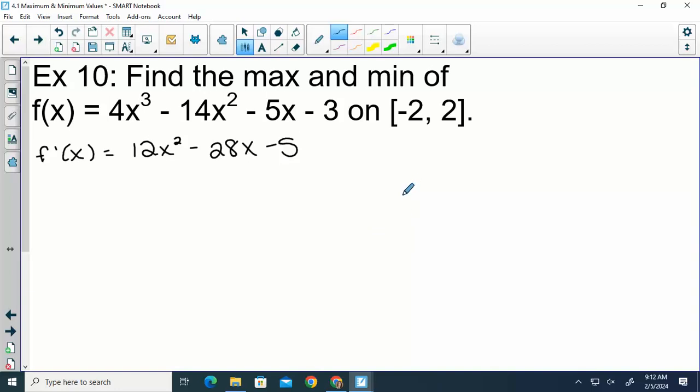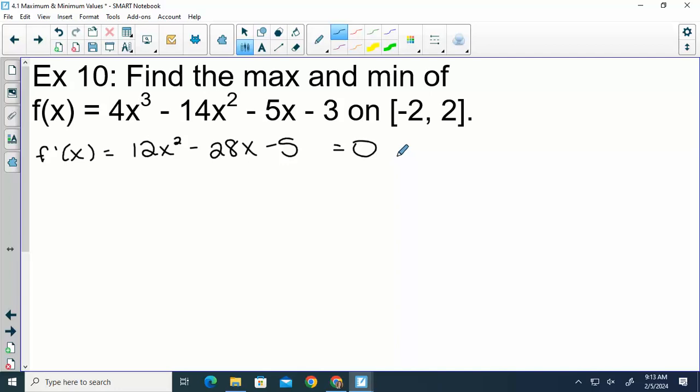We need to figure out when this is 0 or undefined. First of all, can you just look at that and tell me, is it ever going to be undefined? No, it's a polynomial. Things that make it undefined would be negative exponents or fractions. Okay, so if you don't have any negatives or fractions or absolute values, I should say, then we don't have to worry about that piece. So we just need to know when it's equal to 0.